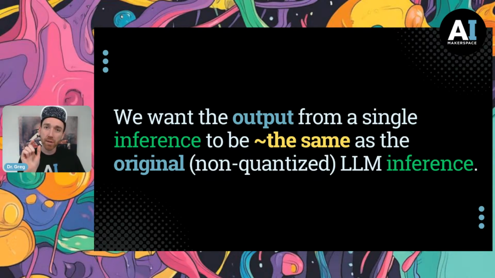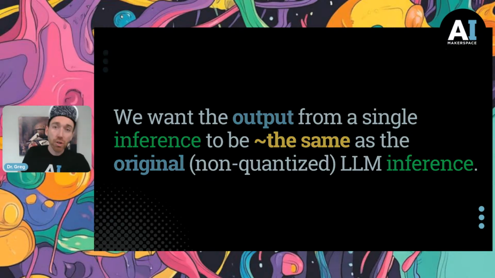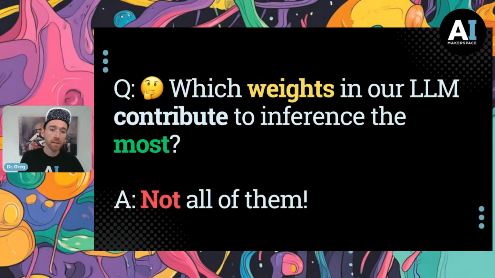So if we quantize all the parameters, all the weights, we want the same kind of thing coming out. If we did that, then that means we kept performance high and we decreased cost. In other words, increased efficiency. Those are all good things that everybody wants.